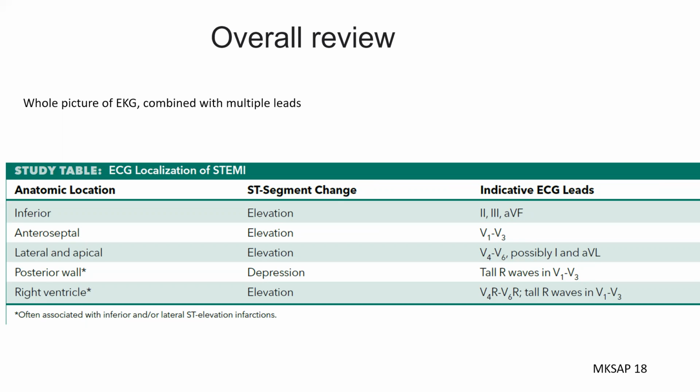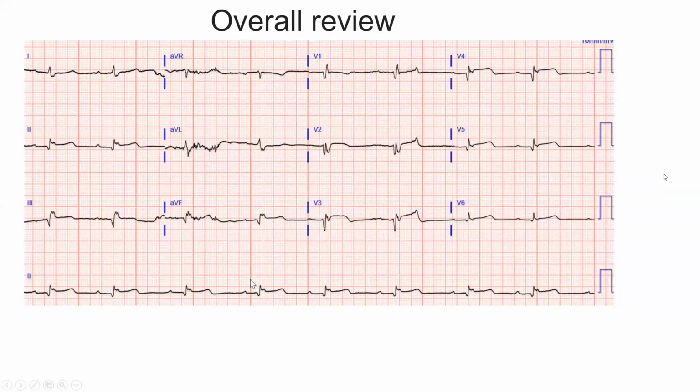This is why we need to put all of the leads together to check the patient's condition. Then here I give you an example EKG, to interpret based on all of the steps I mentioned before.